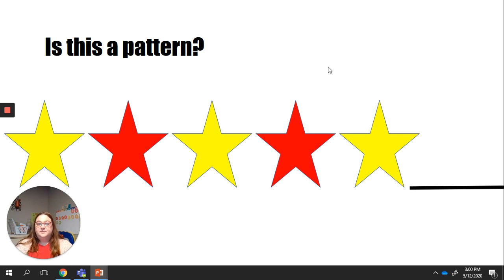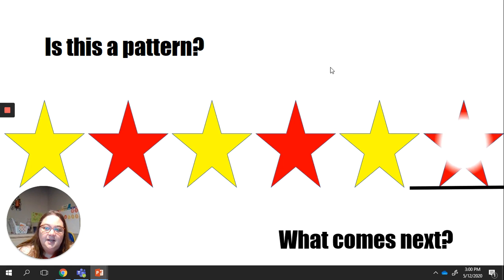Yes or no? Yes, it's a pattern. But what's going to come next in that blank? Is it going to be red or yellow? What do you think? Let's check and see if you're right. It's going to be red, yellow, red, yellow, red, yellow, red.